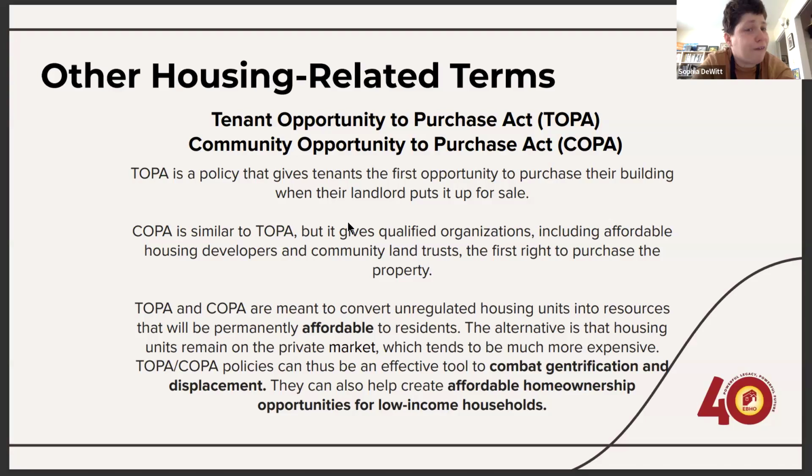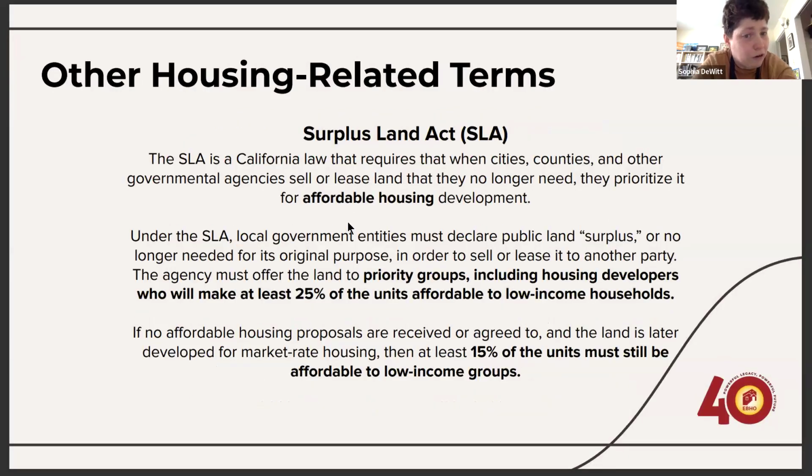And that brings us to the final slide, I believe, or the final term slide, which is related to the Surplus Land Act, which is a California law that states that when cities, counties, and other governmental agencies decide that they want to sell or lease land that they have determined they no longer need, they need to prioritize it for affordable housing development.